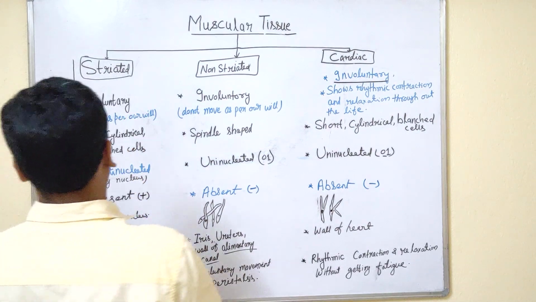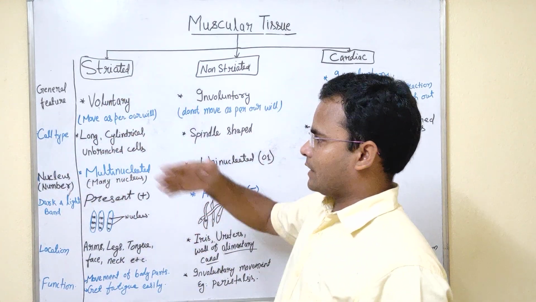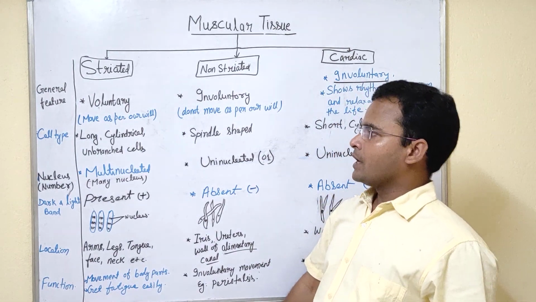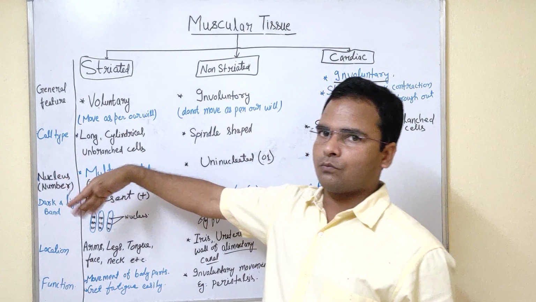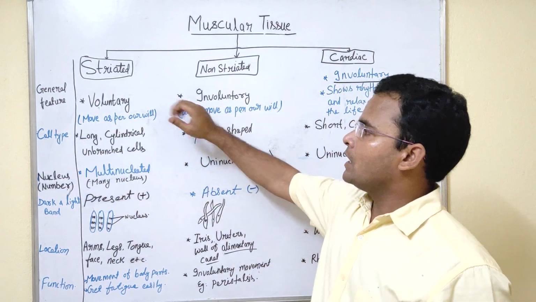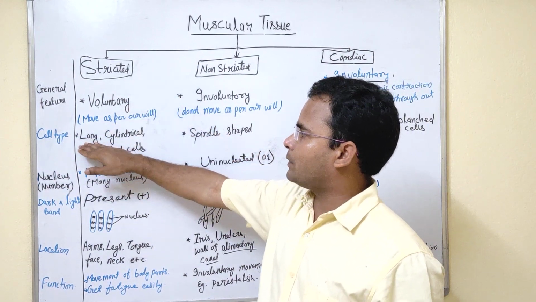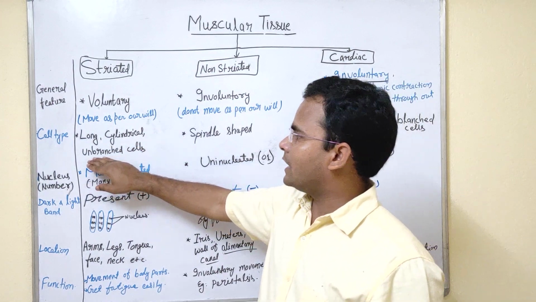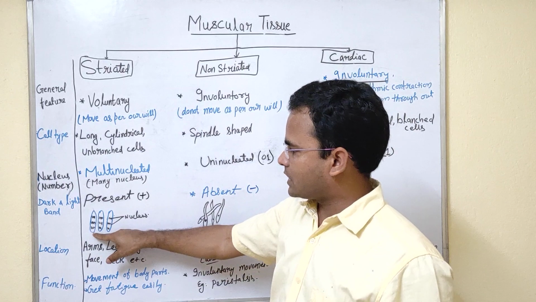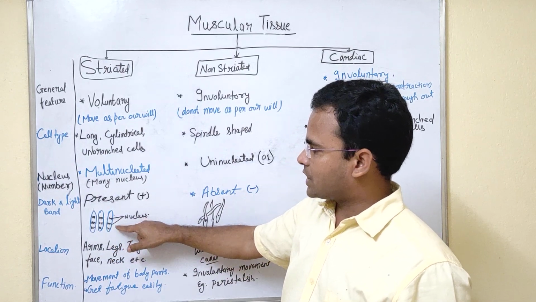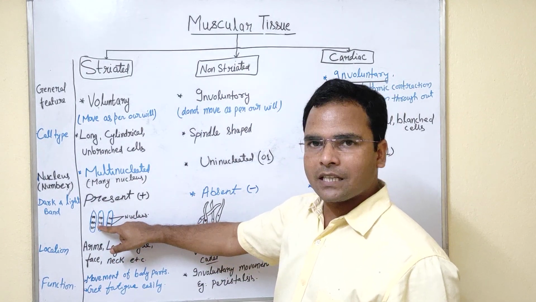So the next parameter is cell type. We will come to the structural part: cell type, number of nuclei, dark band. These are all the structural part. What type of structure are these? Striated muscles are made up of long, cylindrical and unbranched cells. You can see here they are long tubular structures, but the branching is not there.